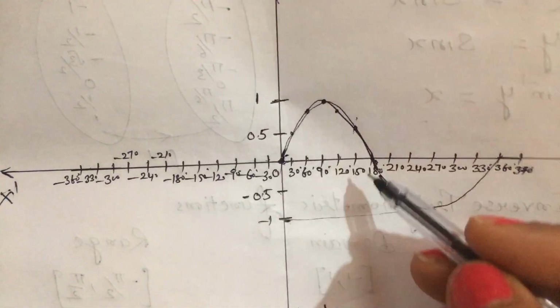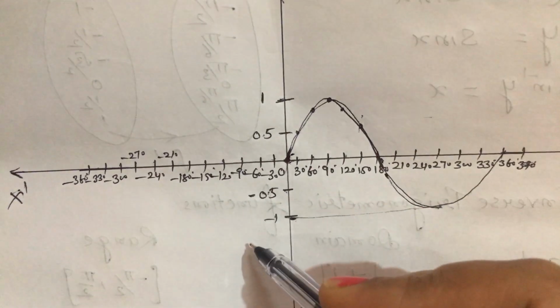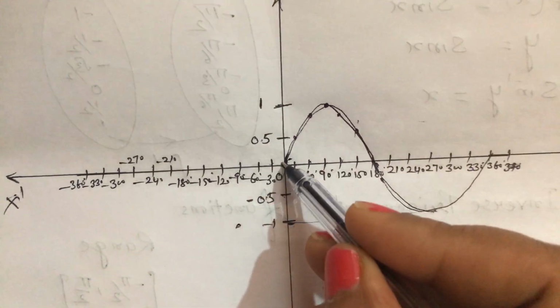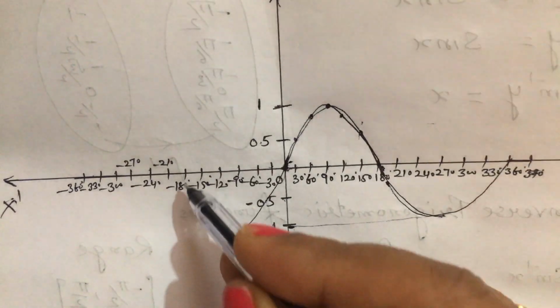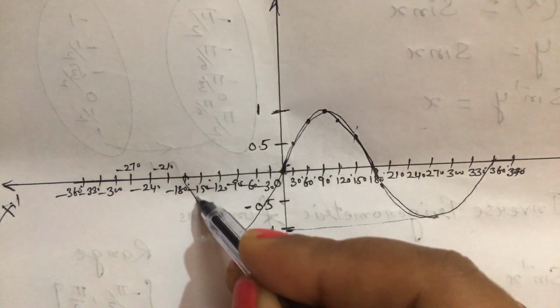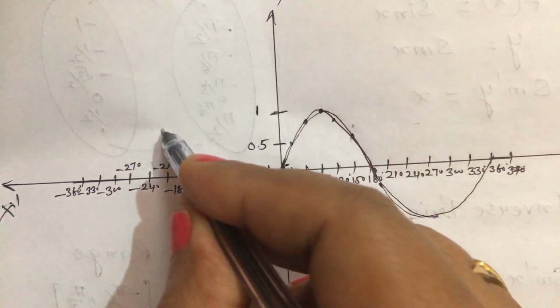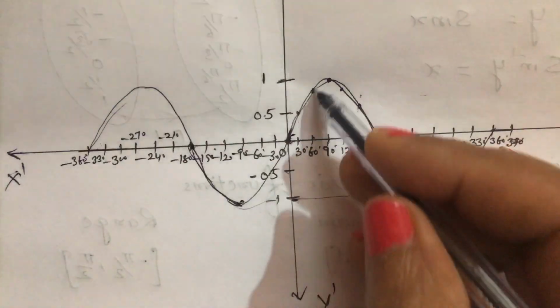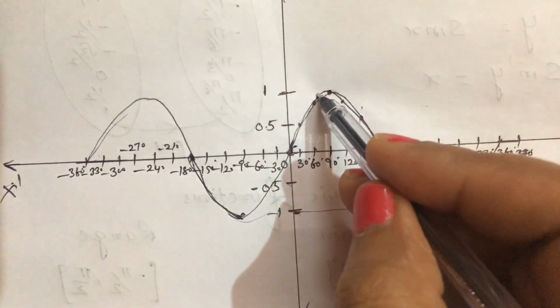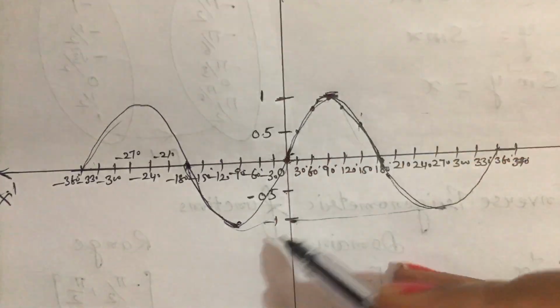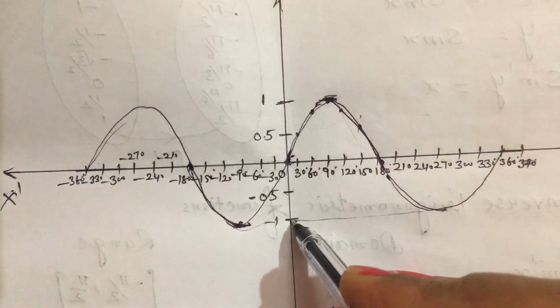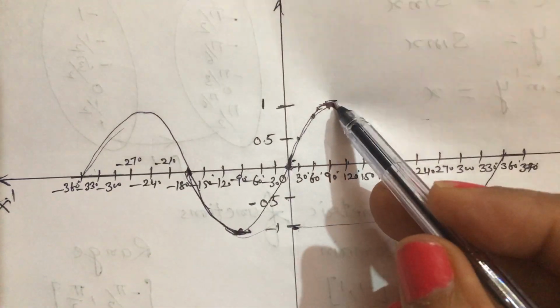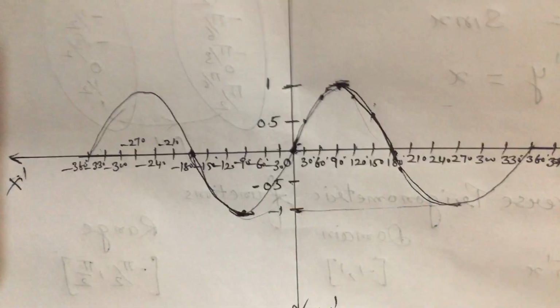In the same way we will take the left hand side. So we will get the graph of sin x in this way, and the maximum value of sin x is 1 and the minimum value of sin x is minus 1. We know that its domain is all real numbers.